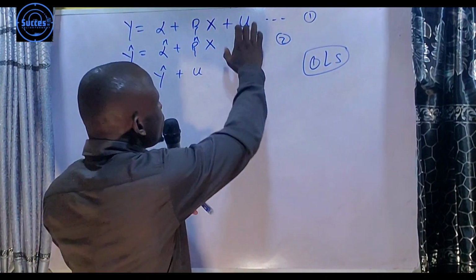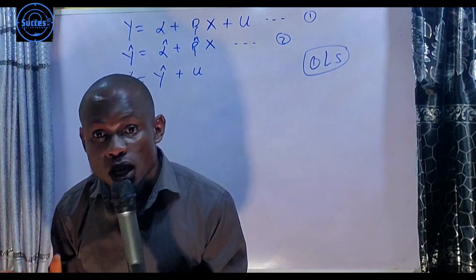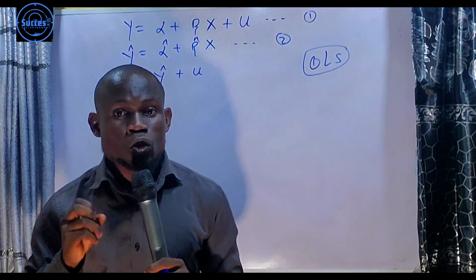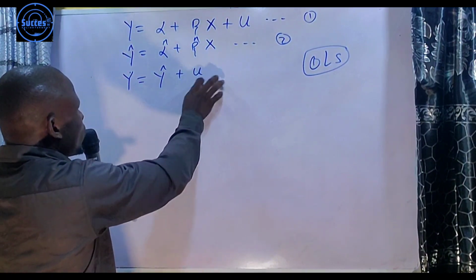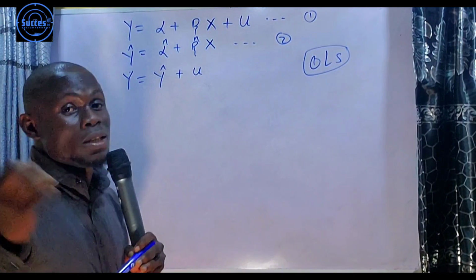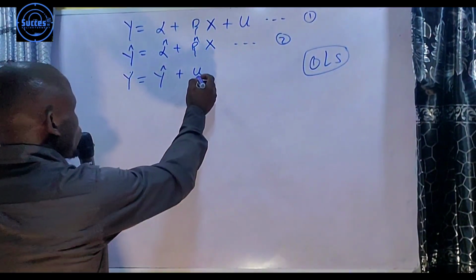You are dealing majorly with the error term in the ordinary least square method. So we can definitely make this error term subject of the formula.